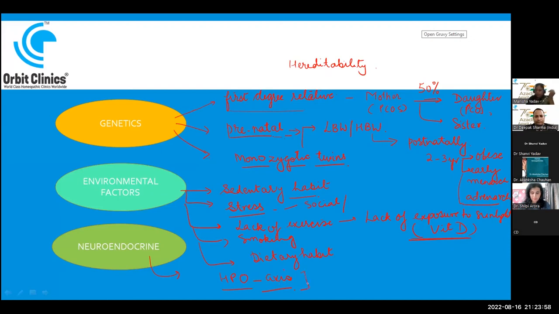So whenever this hormonal balance becomes disturbed, disturbance in the hormonal or endocrinal function can also lead to this disease. So you will see that there is increased LH in the PCOS, there is decreased FSH in the PCOS. So these are the various hormonal abnormalities which are the reason for developing this disease.